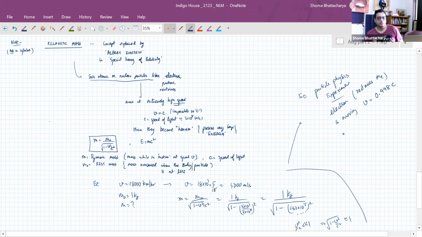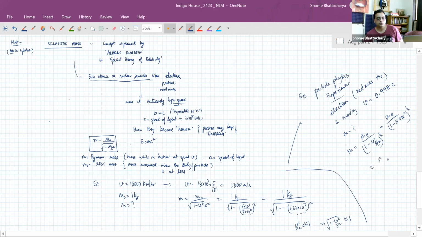Then what will its dynamic mass become? So now you can see how much heavier it will become. It will become ME divided by 1 minus v square by c square, whole thing to the power half. So when you do this, this term will be 1 minus 0.998 square, and this whole thing to the power half.